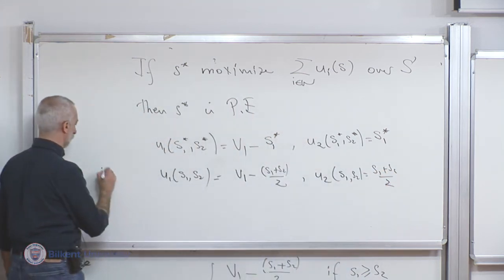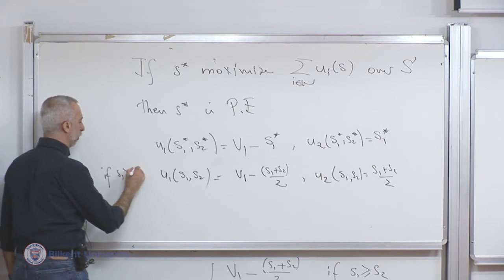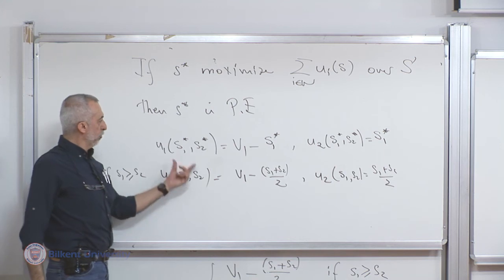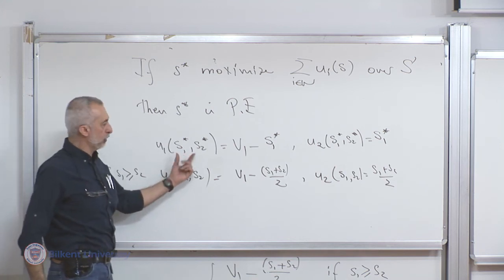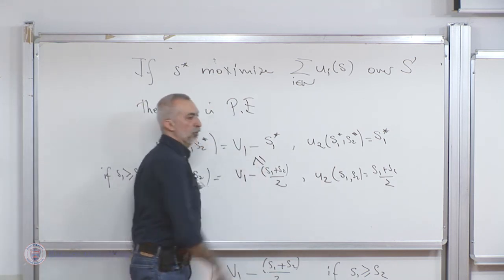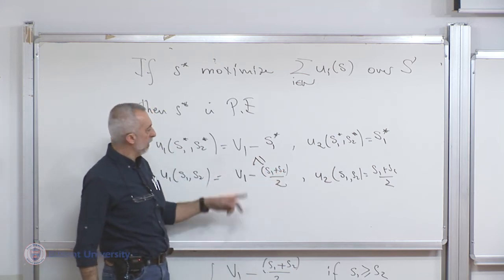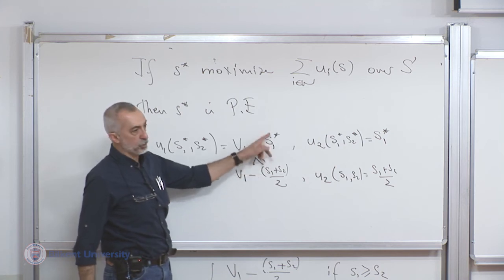So if S1 is bigger or equal to S2, for S1, S2 to Pareto dominate S1 star, S2 star, this number, V1 minus S1 plus S2 over 2, should be bigger than V1 minus S1 star.